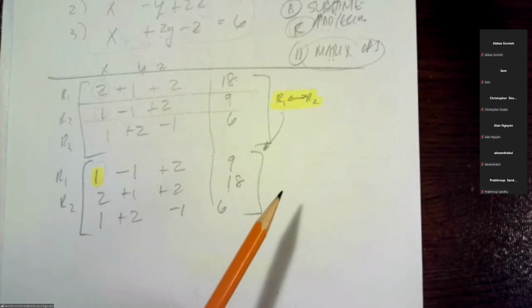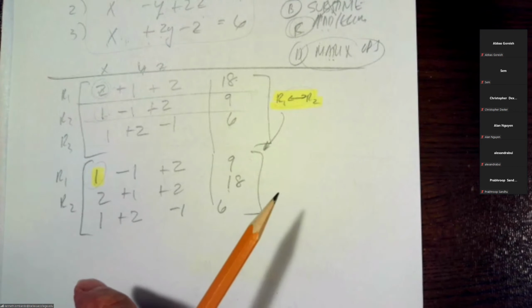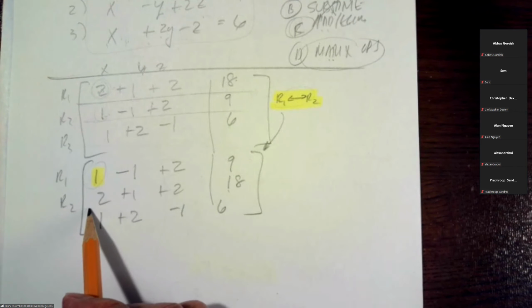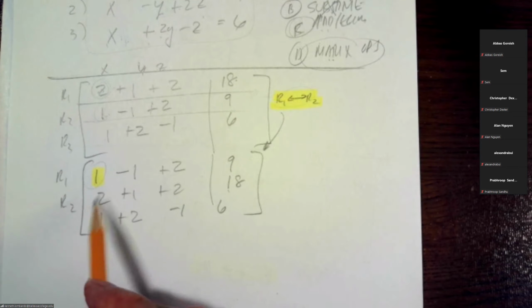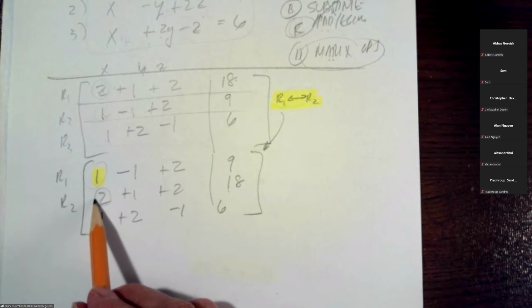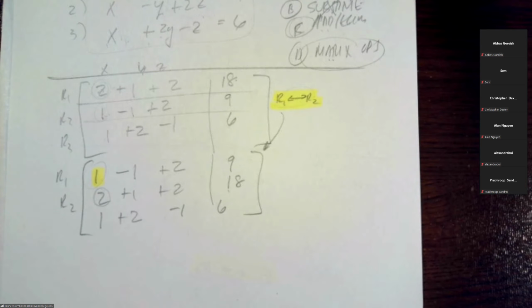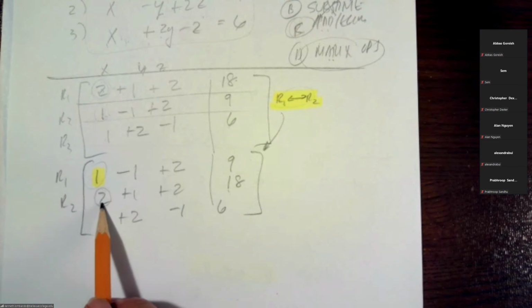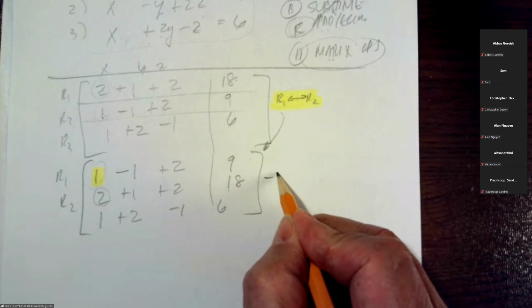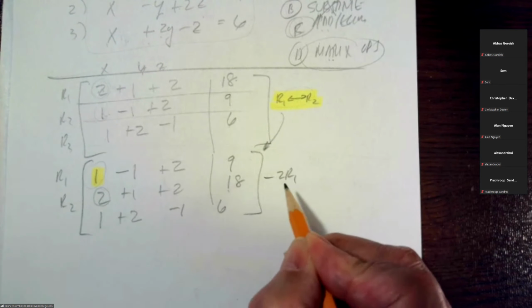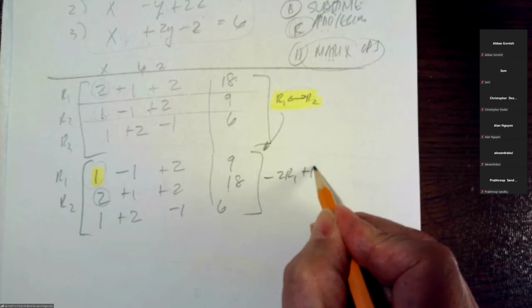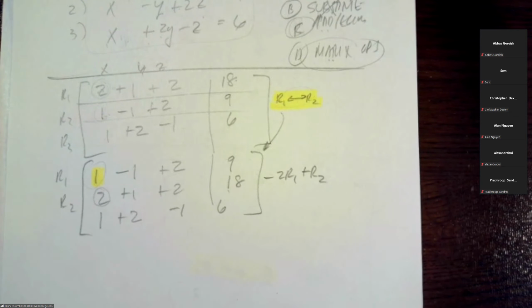And now we could say, well, what do I want to do for my second operation? And I might say, well, you know what I want to do is I want to get a 0 right here. So is there some row operation I can do to get a 0 there? And one method might be to say, well, you know, I can take -2 times row 1 and add it to row 2.